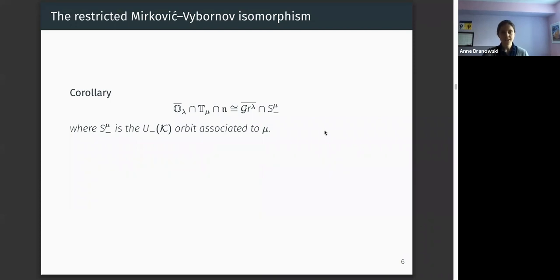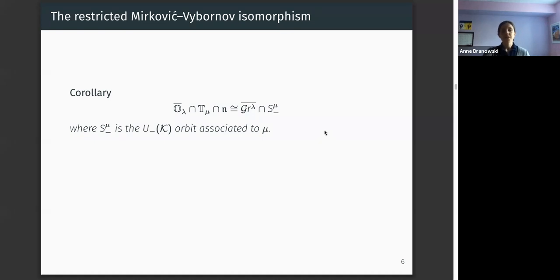So as a corollary to this Mirkovic and Vybornov isomorphism, we can show that if I look at upper triangular mu by mu block matrices, then that half-dimensional subset of mu by mu block matrices in the closure of Jordan type lambda matrices is isomorphic to a half-dimensional slice on the other side, which may be more familiar to those of you who have seen a talk that involved something about geometric Satake.